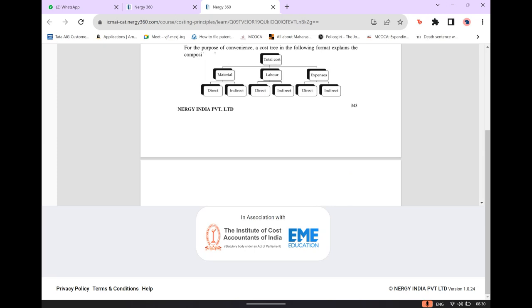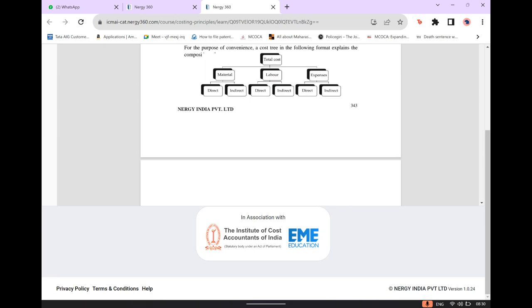So material, labor and expenses will give you prime cost. To the prime cost, you add the indirect expenses in the form of factory overheads. So you get the works cost. In the works cost, you add the opening WIP and subtract the closing WIP. So you will be able to arrive at the factory cost or the works cost.